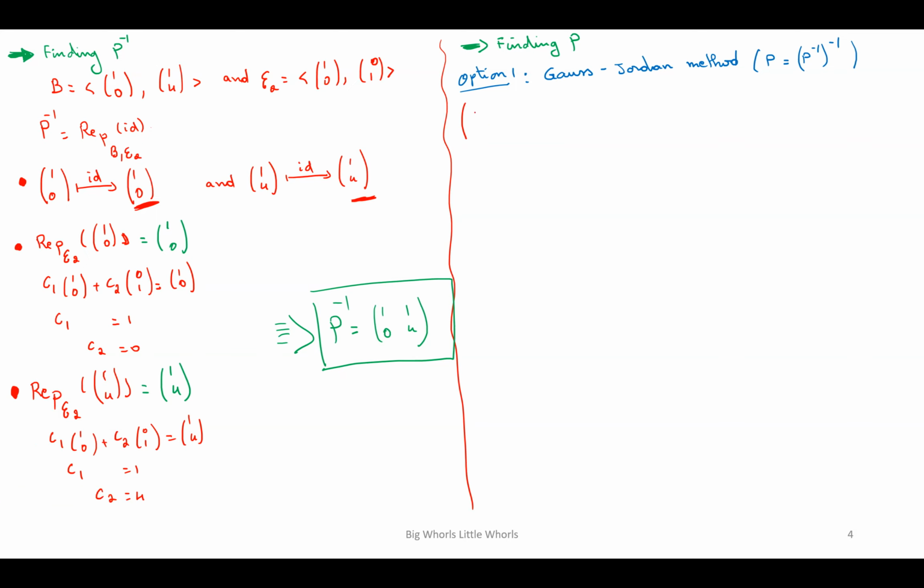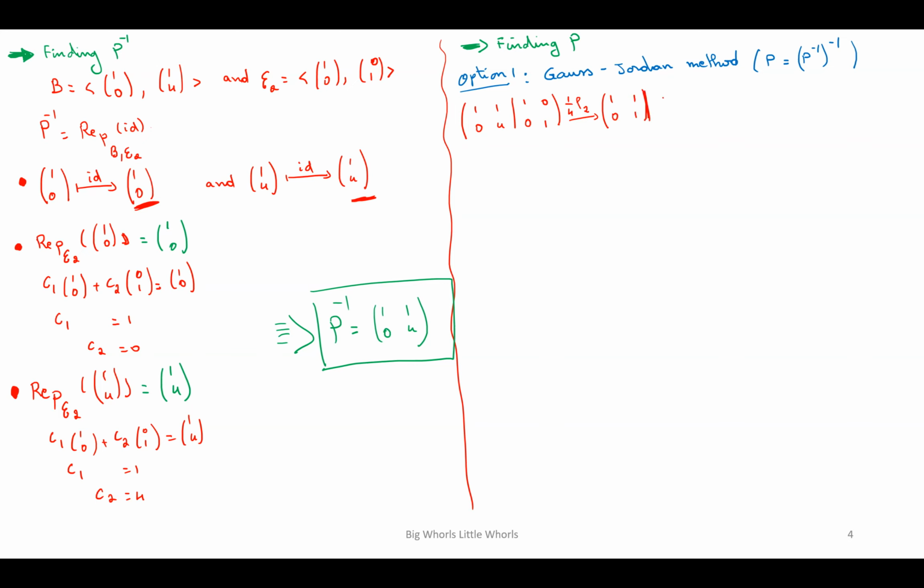So P inverse is [1, 0; 1, 4]. So we have the P inverse on the left hand side and the identity matrix on the right hand side. So first of all, let us get the elements on the diagonal into 1. So a quarter of row 2 will give us 1, 1, 0, and 1.